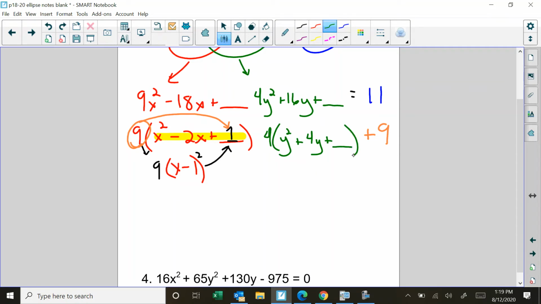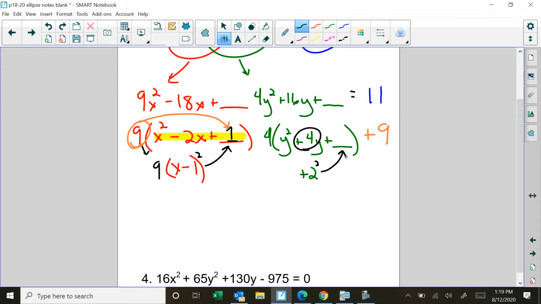Okay, so we have factored out the leading coefficient of the green y material. Okay, it's time to complete the square now. We take half of the 4, which is 2, and turn that back into green. 2. That gets squared and pushed up into here.